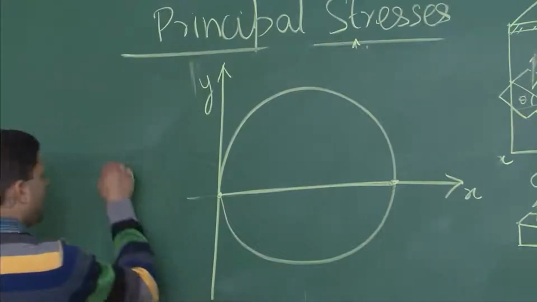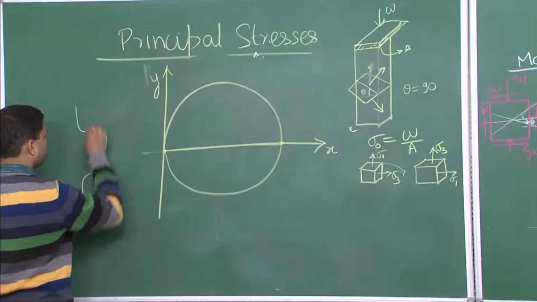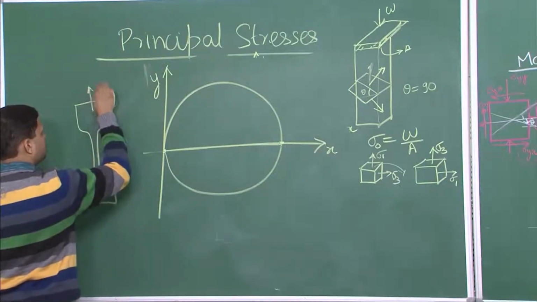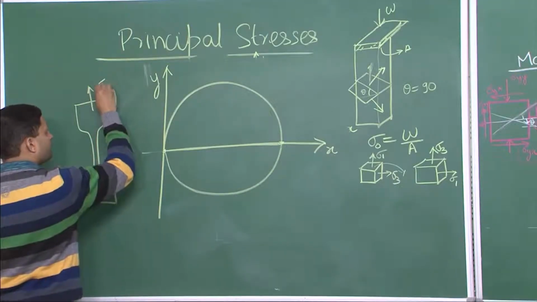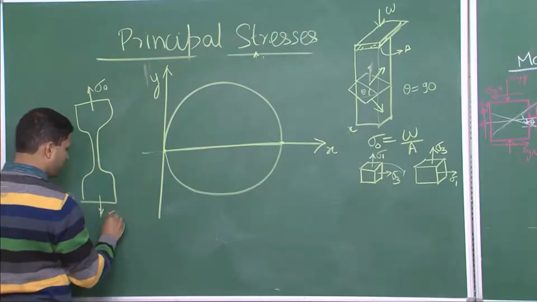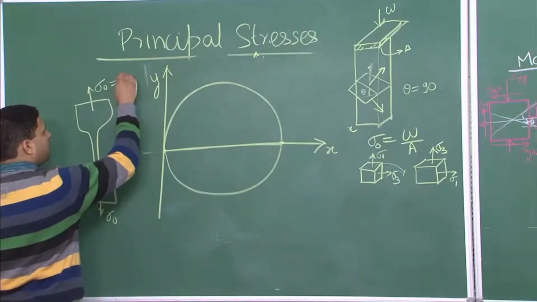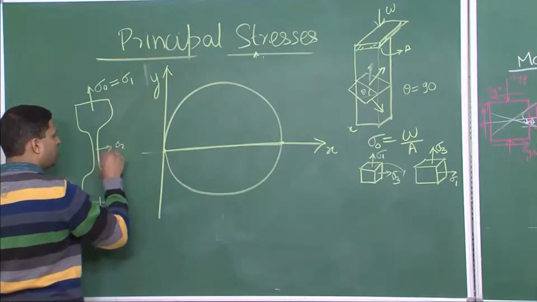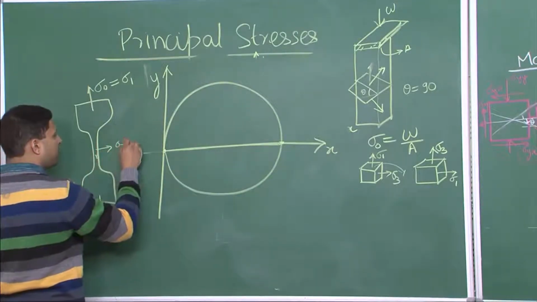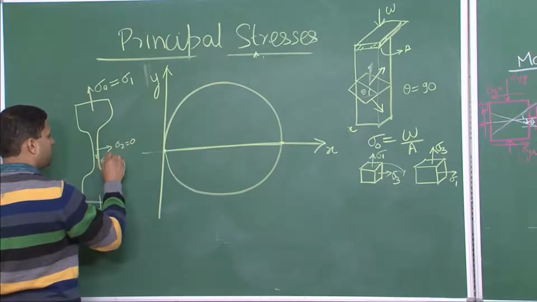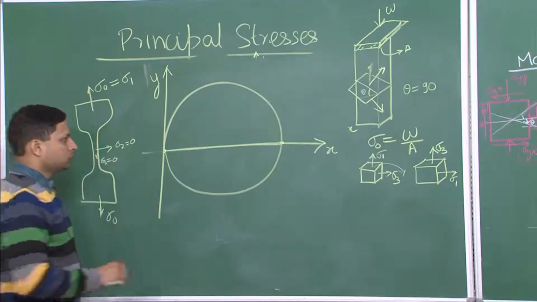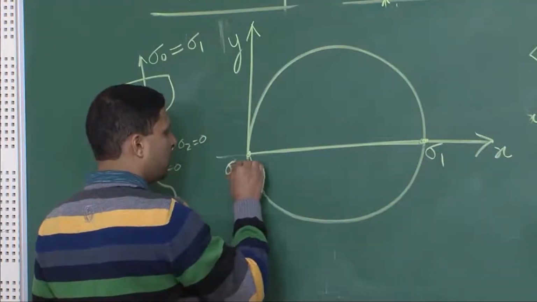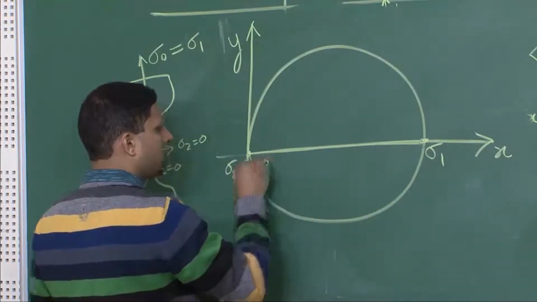So, let us say I have this sigma naught, which is actually equal to sigma 1, and sigma 2 and sigma 3 in the perpendicular directions are all equal to 0. So, this becomes sigma 1, and this becomes sigma 2 equal to sigma 3 equal to 0.